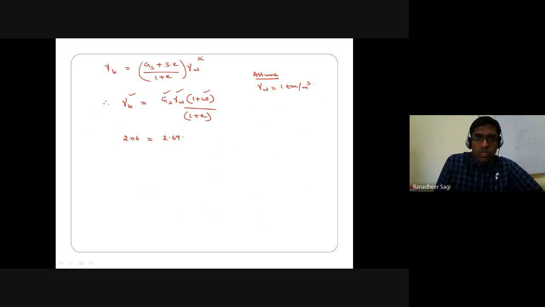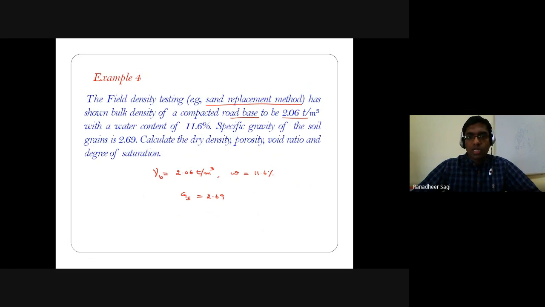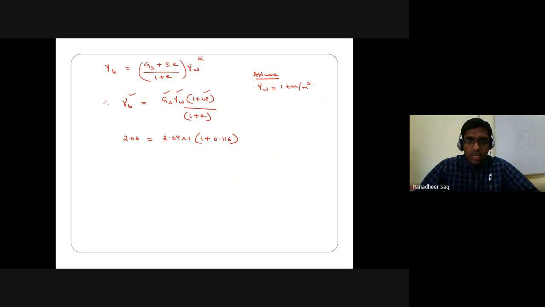So 2.69 into 1 into (1 plus the water content, 0.116). I am writing it as a fraction because it is given as 11.6%. This is divided by 1 plus E, so E is the only unknown. From this expression, if I calculate the E value, I'll be getting E as 0.547.